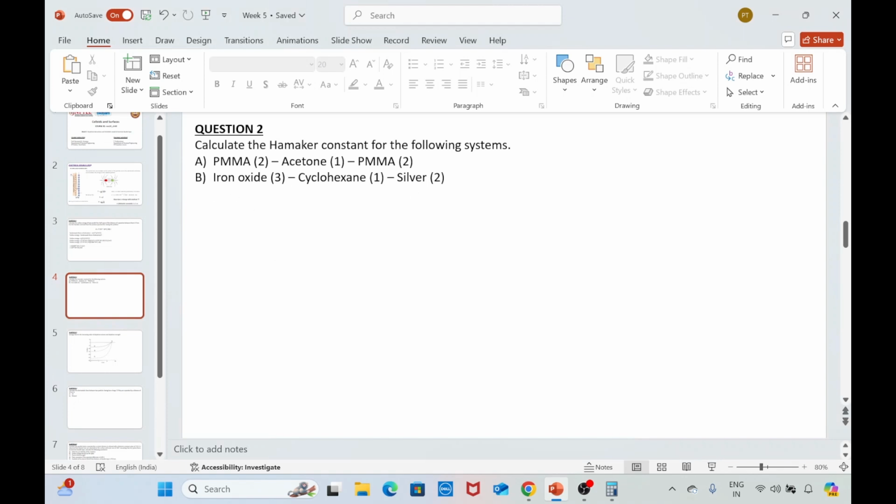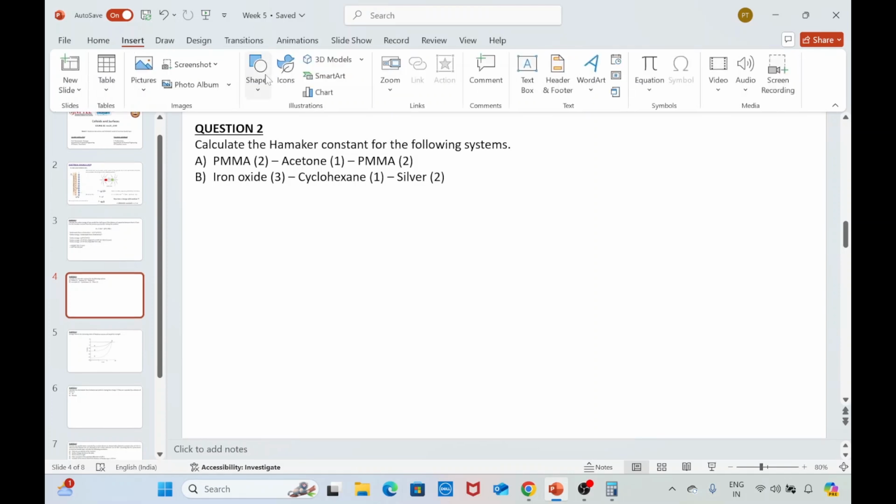I have given the value of this Hamaker's constant for PMMA and acetone previously itself. So let me just give that once again.